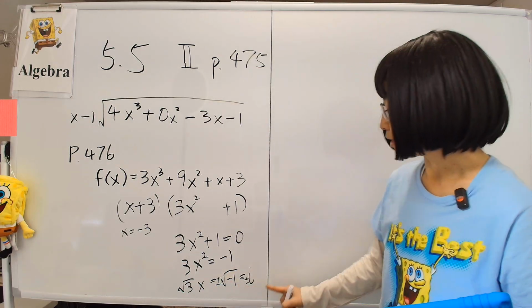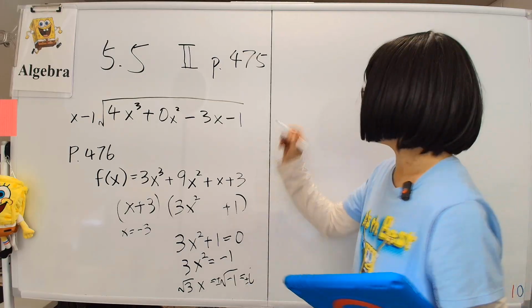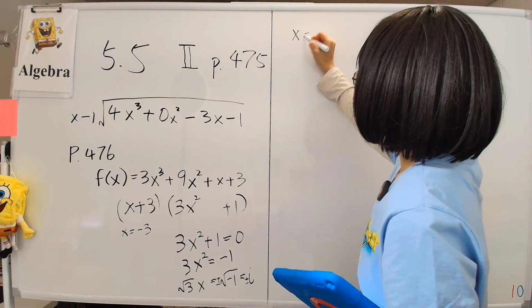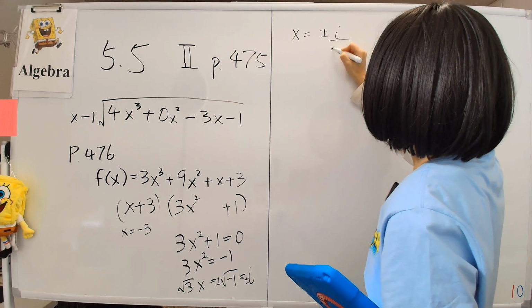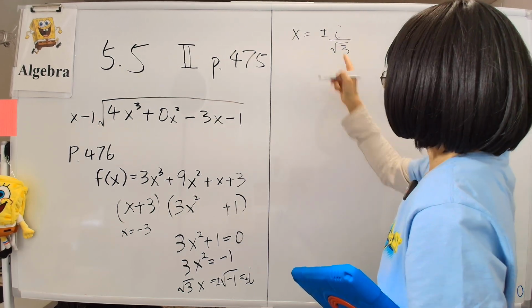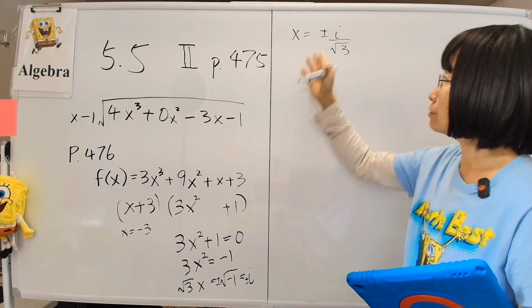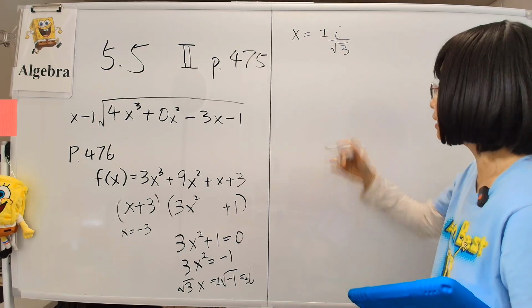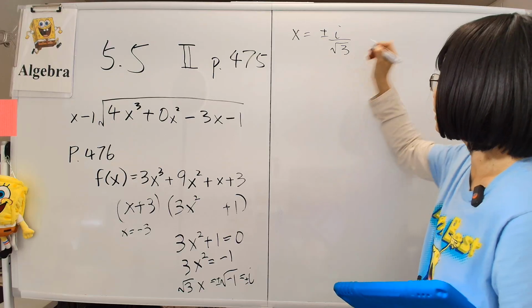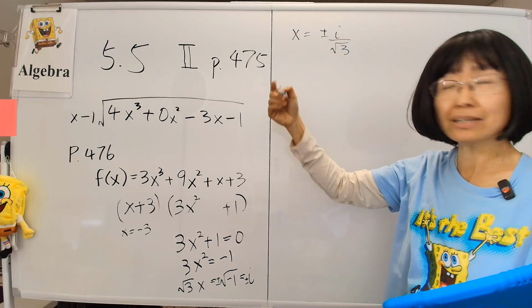So then we have plus or minus i, and so x equals plus or minus i divided by square root of 3. And these are the other two roots. Now remember that plus or minus sign is a shorthand to save time from writing this twice.